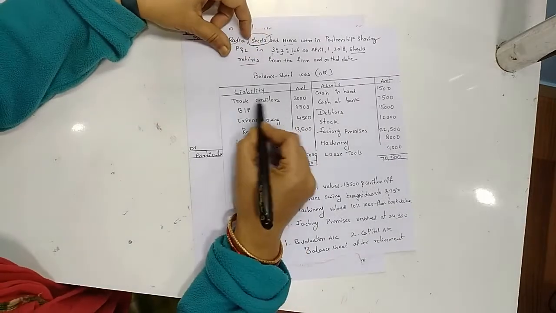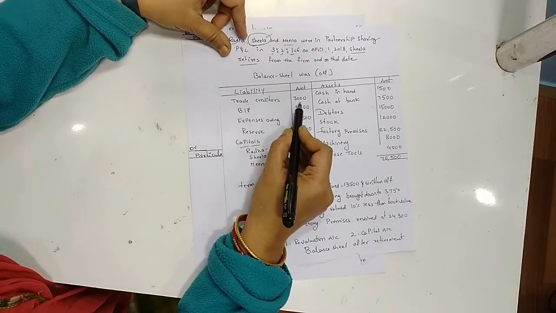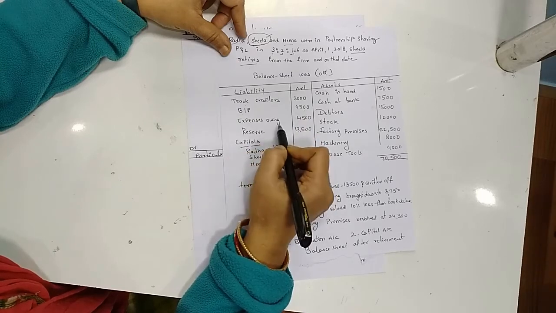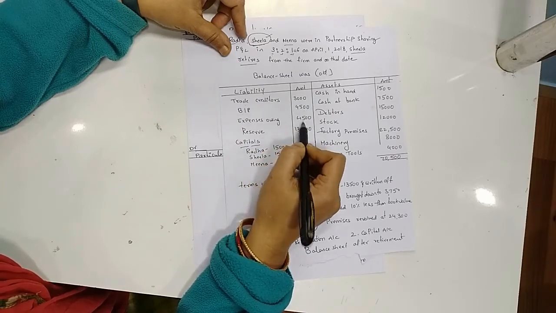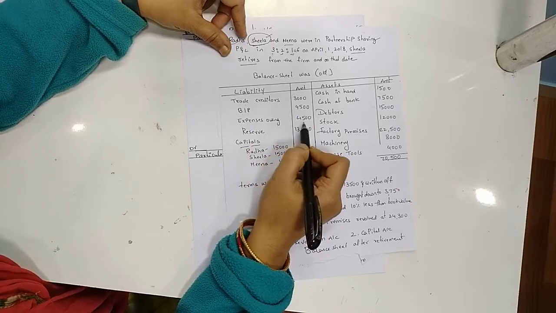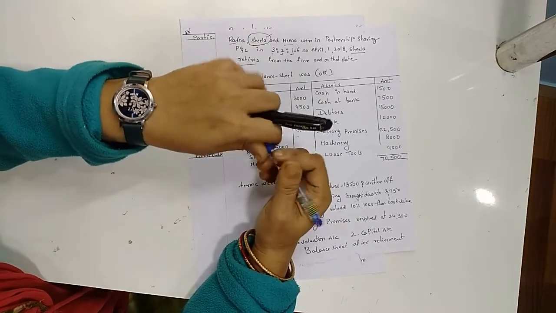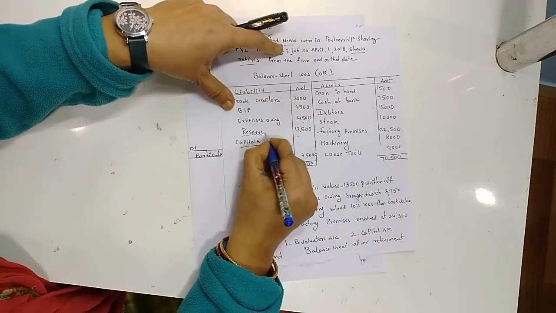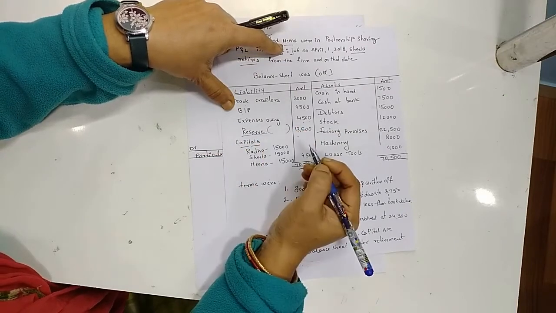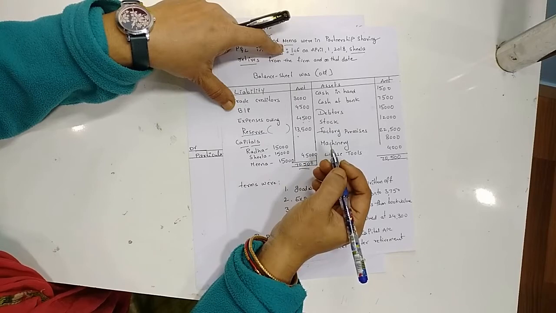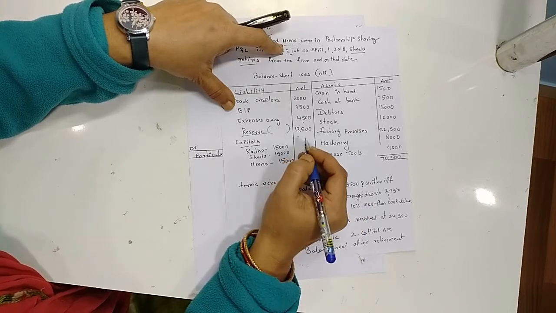According to your old balance sheet, creditors were 3,000, bills payable 4,500, expenses owing 4,500. This means you need to pay some expenses, unpaid expenses of 4,500. Reserve 13,500. As I told you in the previous video also, reserve is nothing but a profit percentage kept aside. Usually in a partnership firm or in a company, the partners will not share all the profits.